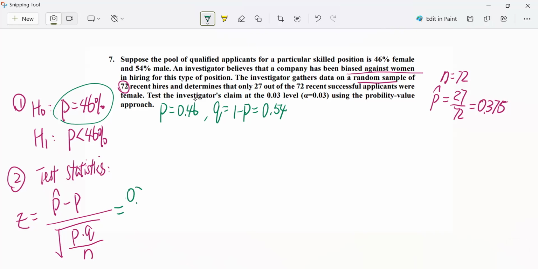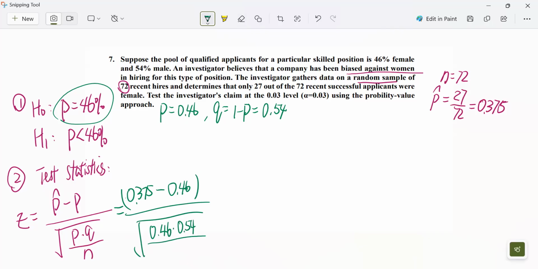So it's 0.375 minus 0.46, over the square root of 0.46 times 0.54, over sample size, that's 72. Let's get the z-score first.